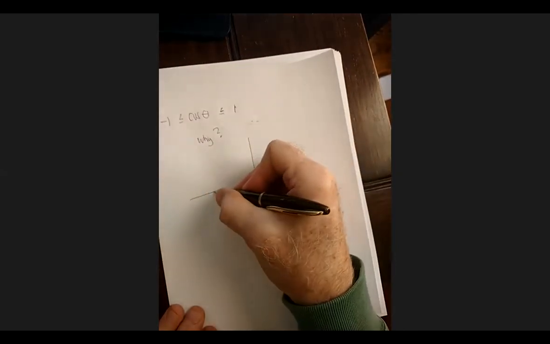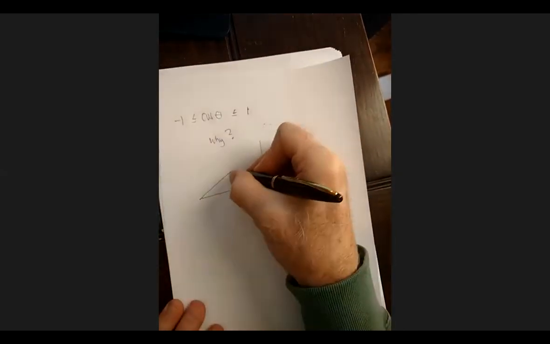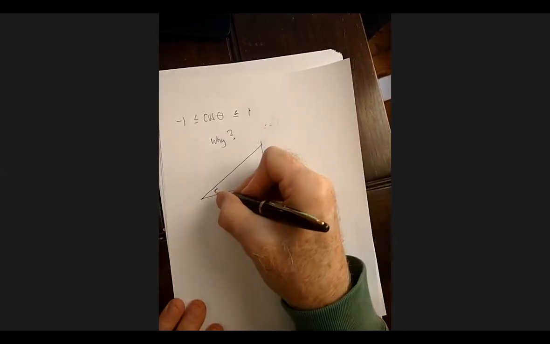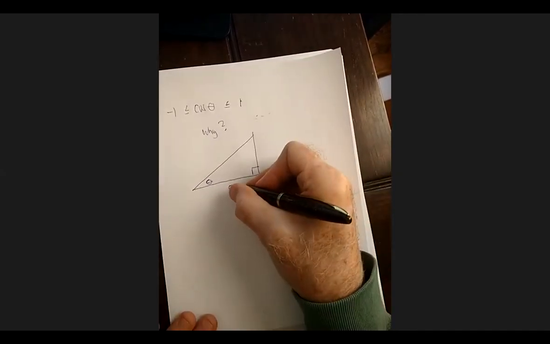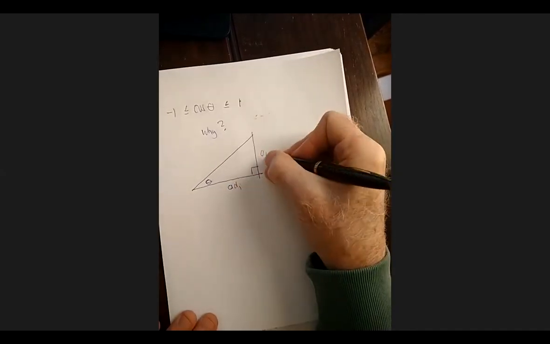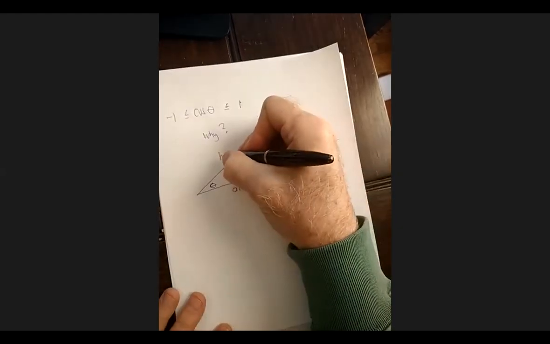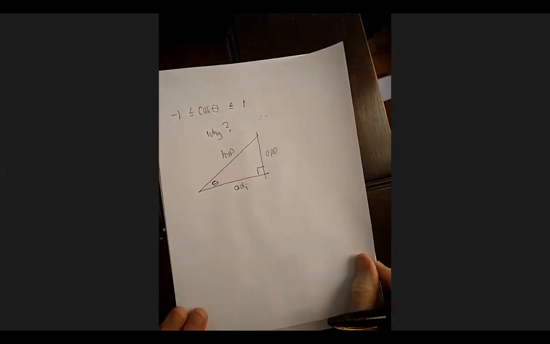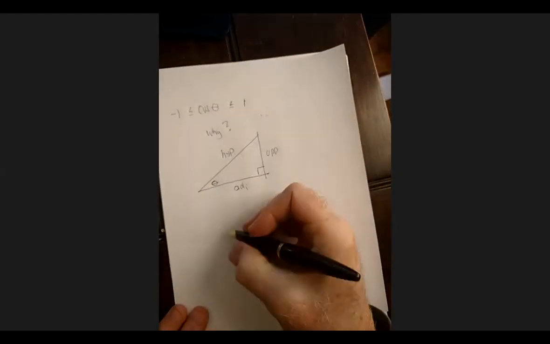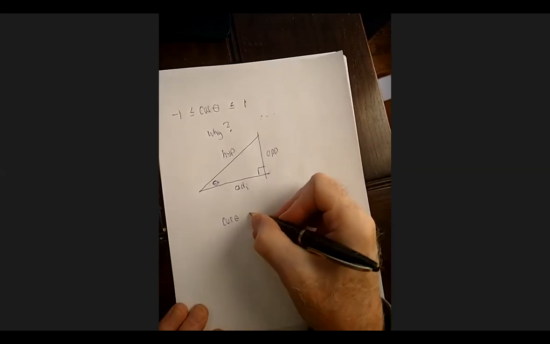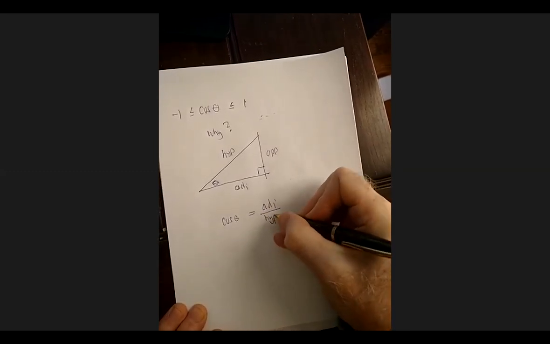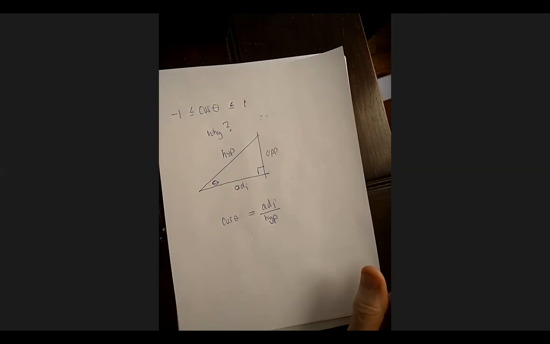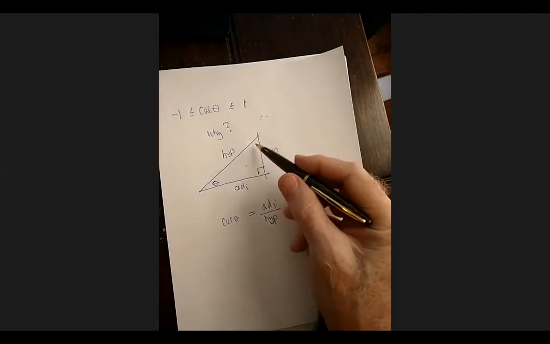Let's look at a triangle: adjacent, opposite, hypotenuse. Remember, this cosine ratio is adjacent over hypotenuse. So what's the biggest side in the triangle?